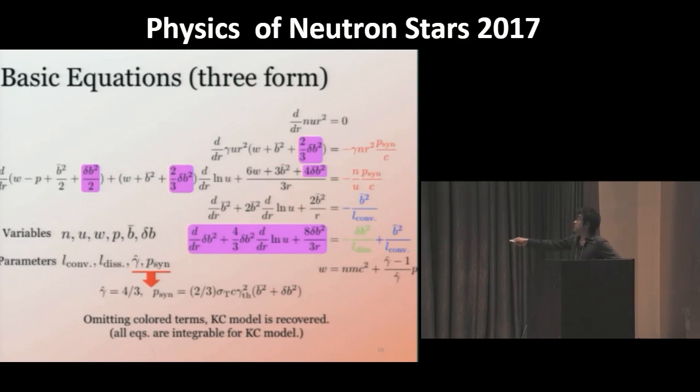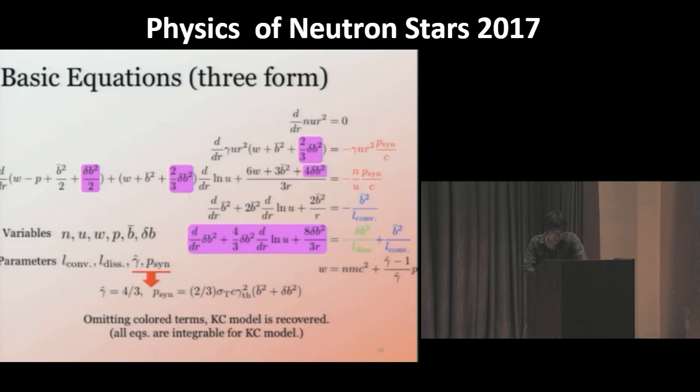But we set the adiabatic index for the flow to 4/3, and so the radiation cooling is set to synchrotron radiation. And there are two parameters to represent the conversion of the magnetic field to turbulent one, and the dissipation of magnetic field.